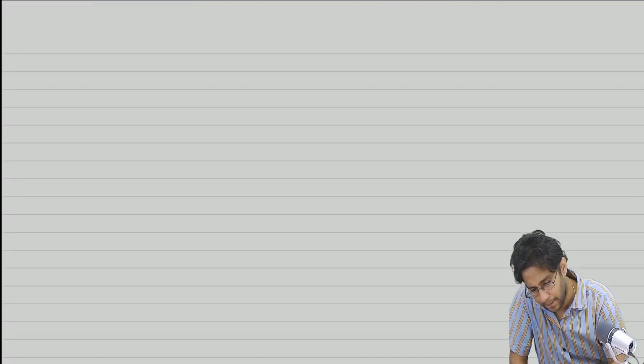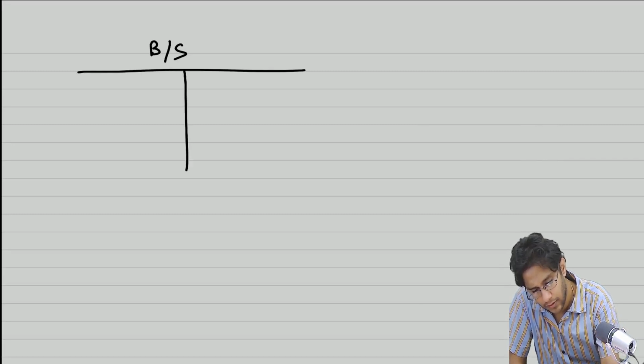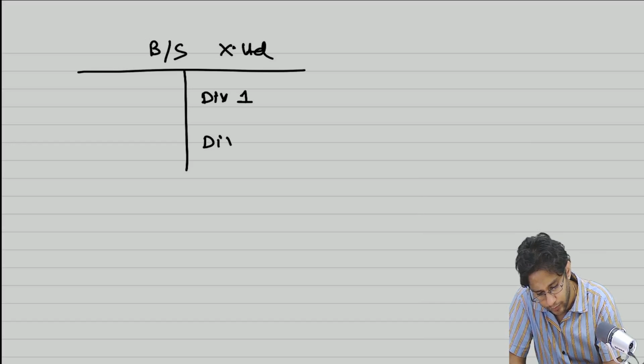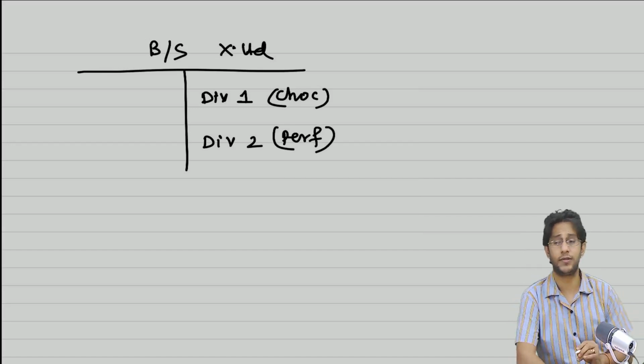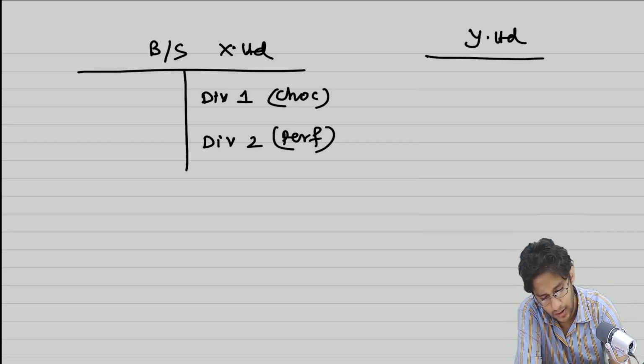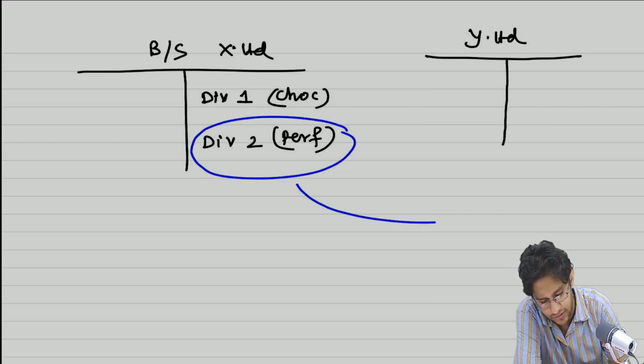Next. This is X Limited. This fellow is having two divisions, division 1 and division 2. Here we are making chocolates. Let's say here we are making some perfumes. So what X Limited did is, X Limited created one more entity called Y Limited, and to this Y Limited, they transferred the perfumes division.